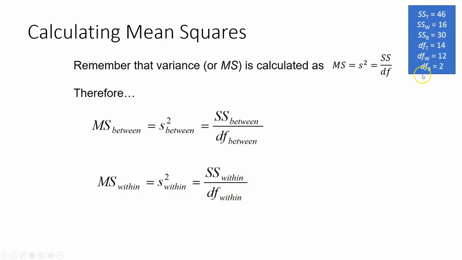I've listed up here all the things we previously computed in our first 6 steps, so you should be able to take SS between 30 and divide it by the degrees of freedom between 2 and yield a mean squares between, or variance between, of 15. In order to get the MS within, you should take the sum of squares within, 16, and divide it by the degrees of freedom within, 12. You should find that that mean squares within, or variance within, is 1.33.